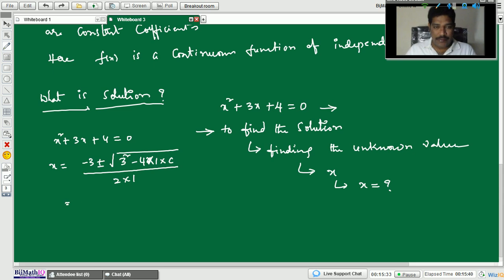If you simplify this square root, minus 3 plus or minus square root of 3 square means 9 minus 4 into c, where c is 4, so 4 into 4, 16. Take the example, next page. I'm cancelling here.